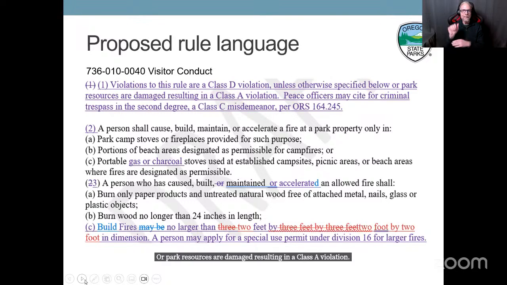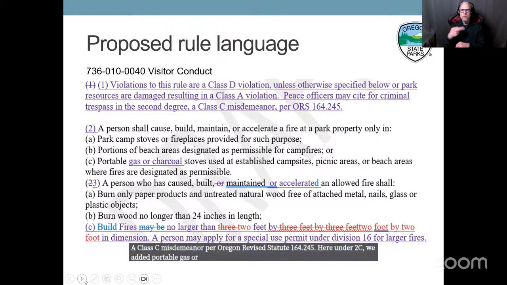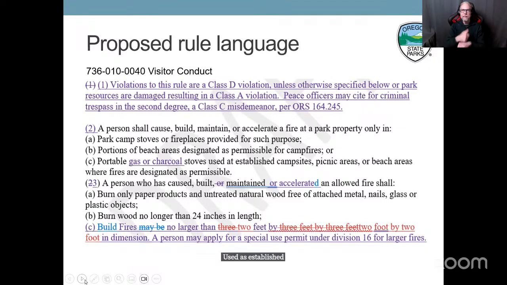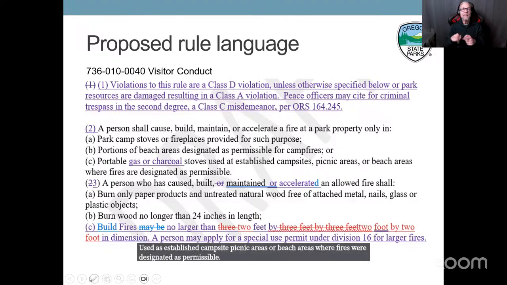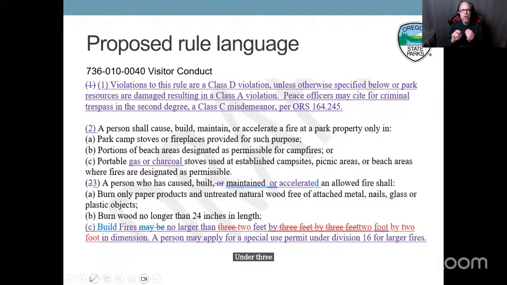Peace officers may cite for criminal trespass in the 2nd degree, a Class C misdemeanor per Oregon Revised Statute 164.245. Here under 2C, we added portable gas or charcoal stoves used at established campsites, picnic areas, or beach areas where fires are designated as permissible. Under 3, we added the words or accelerated.